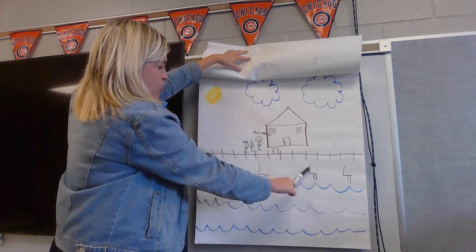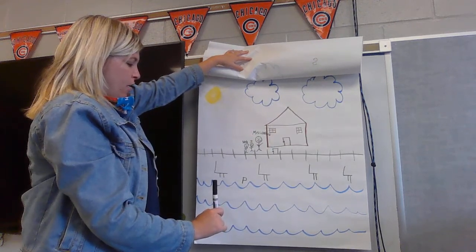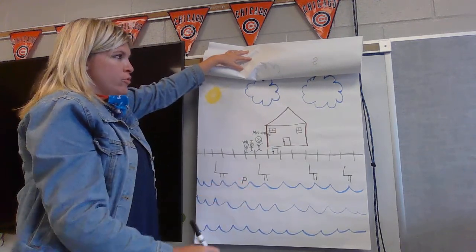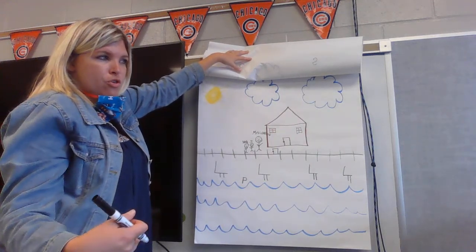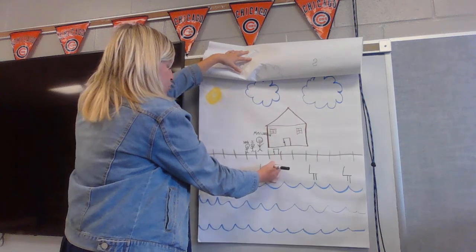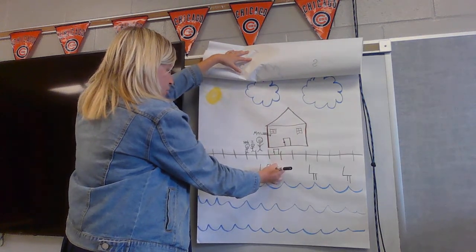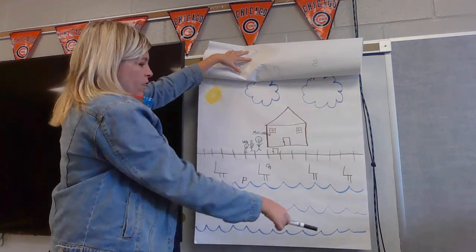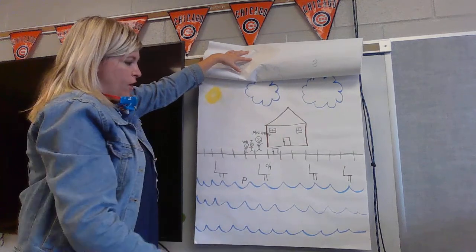These are actually chairs at the pool for people to sit at, so we're going to label chairs. Ch, ch. Ooh, that's tricky. We're going to learn that later in the year. Ch, ch. It's actually 2 letters put together that makes that special sound. It's C-H.